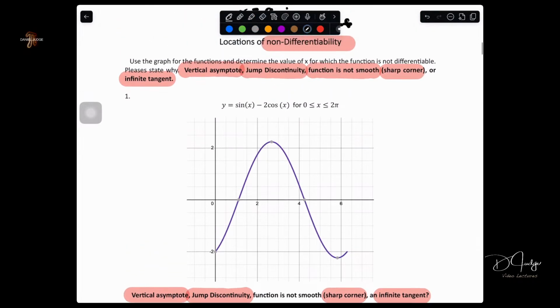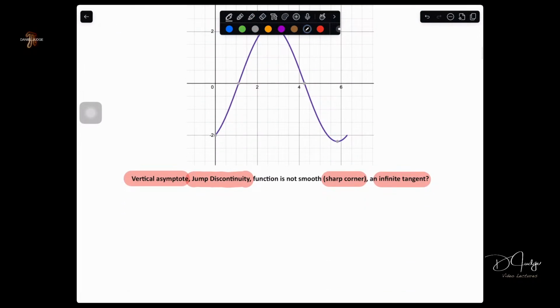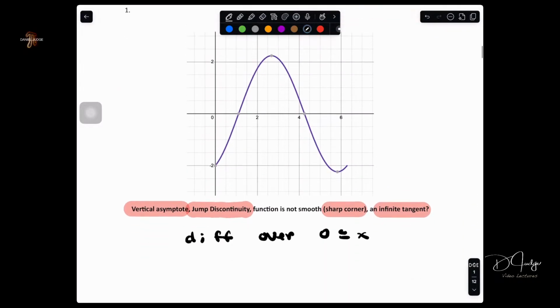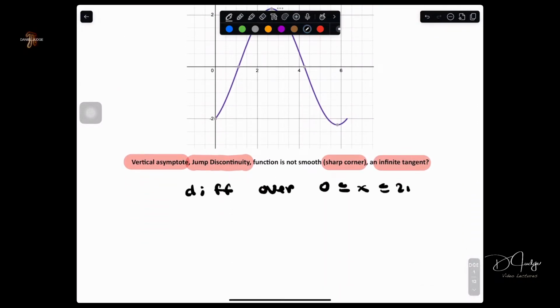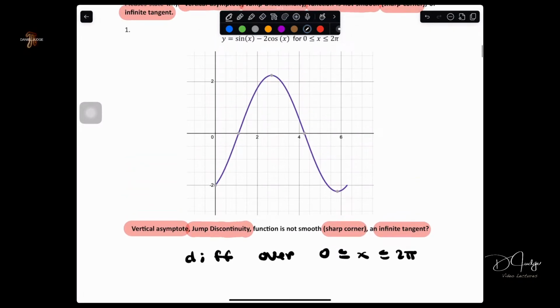Therefore, this is differentiable everywhere. So this is differentiable over your interval. I think that was 0 to 2 pi. So it's completely differentiable over those values. And let's double check something here.